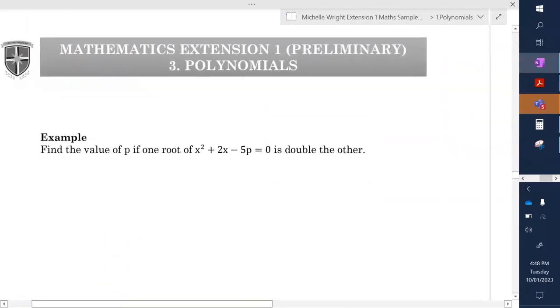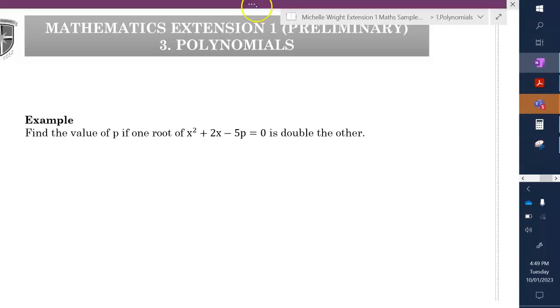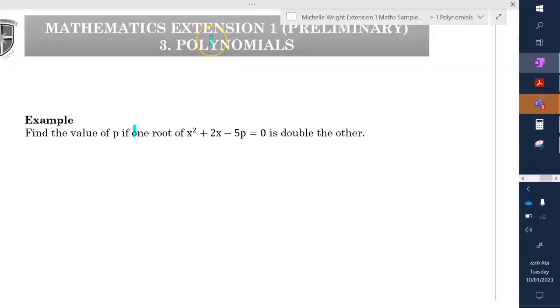The next bit, let's have a look at the next example. It says find the value of p if one root of this quadratic is double the other. Okay, so there's a couple of things at play here. It's telling us about the roots. So as soon as you see the fact that we're looking at roots, you know we're looking at polynomials.